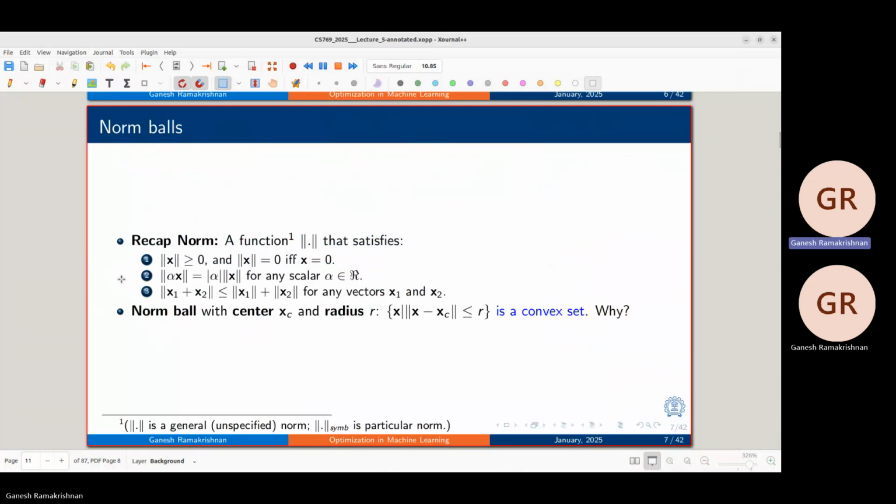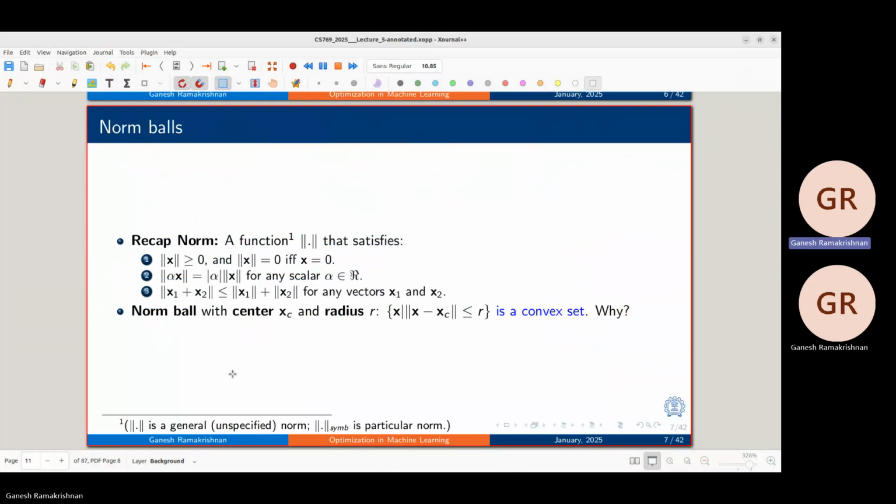And the third is called the triangle inequality. Norm of x1 plus x2 is less than or equal to norm of x1 plus norm of x2. Okay, so under this definition of norm, which generalizes the previous notion of norm, any norm ball at center xc is a convex set.